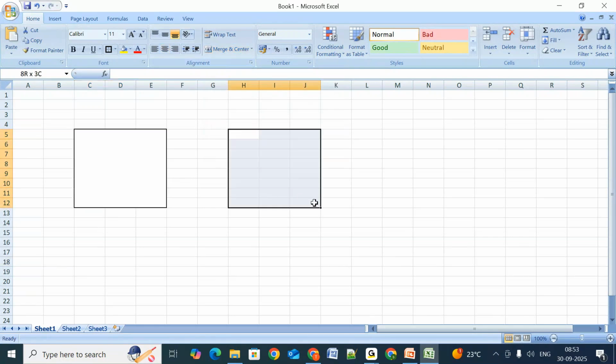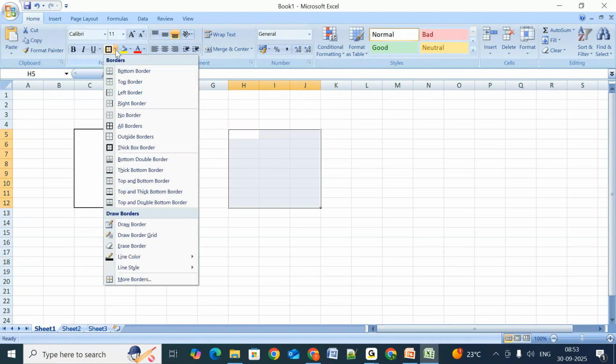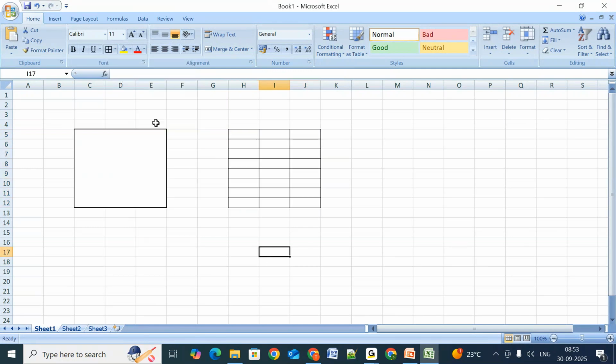Out of these two boxes, which is a table and which is not a table?